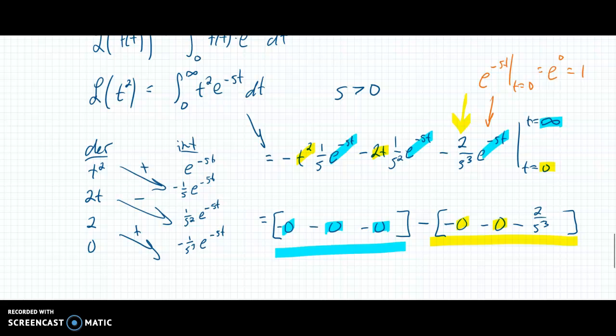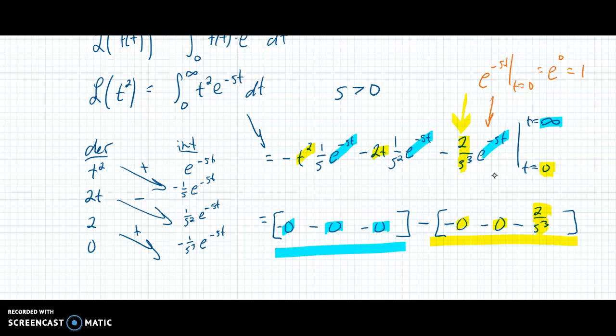So when I evaluate this guy at t equals 0, this term goes away. But this term survives because it doesn't have the t from all the integration by parts stuff. So I get this guy right there. I hope you see that.